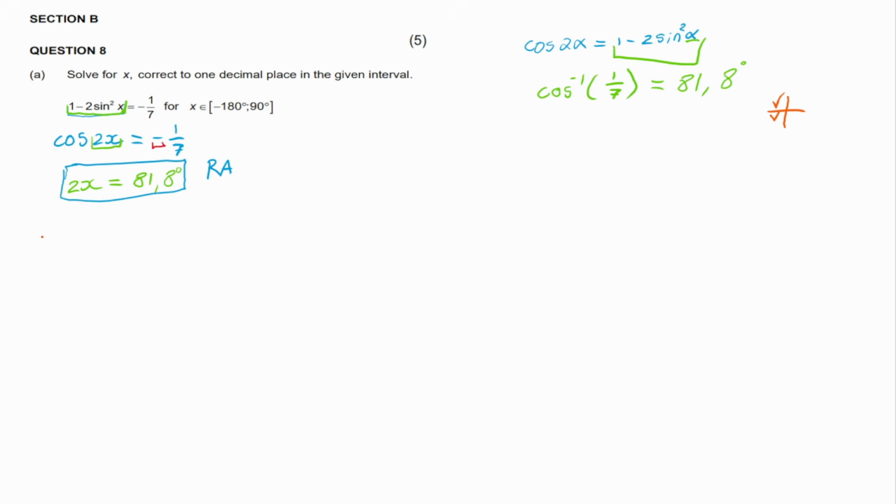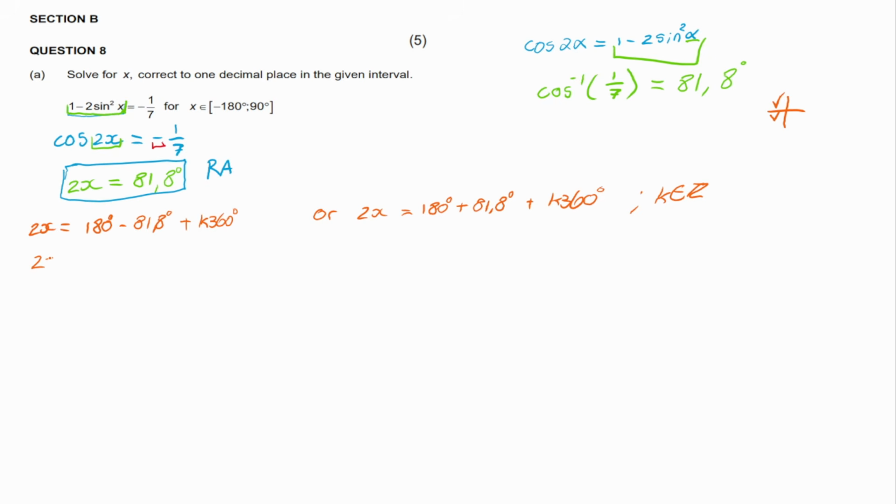So we write that 2x is equal to 180 degrees minus my reference angle plus k360, or 2x is equal to, now in the third quadrant, 180 degrees plus 81,8 degrees plus k360. And then we say that k is an element of the integers.